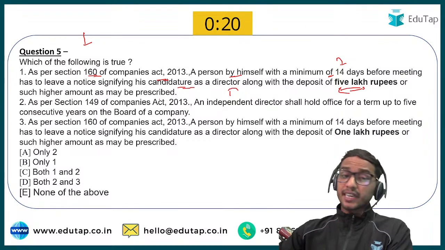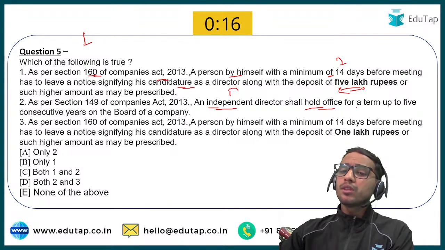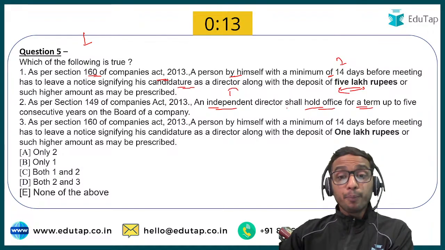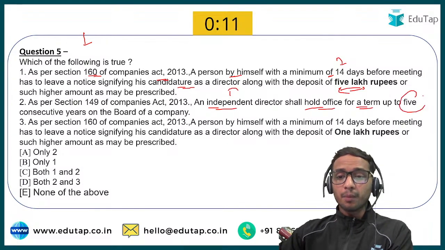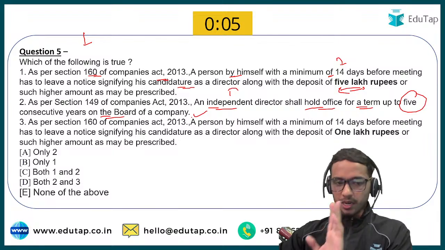The second statement says an independent director shall hold the office for a term of up to, remember this fact, up to 5 consecutive years on the board of the company. It is absolutely correct. The second statement is correct.